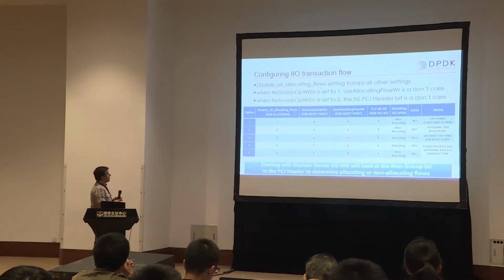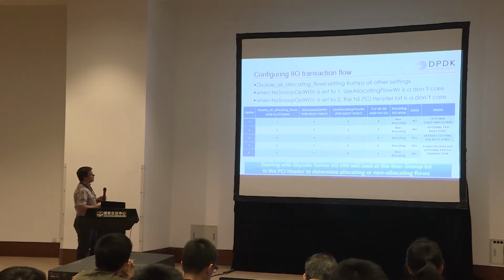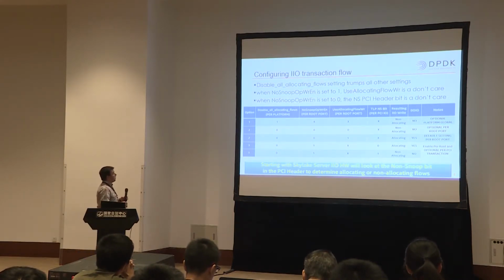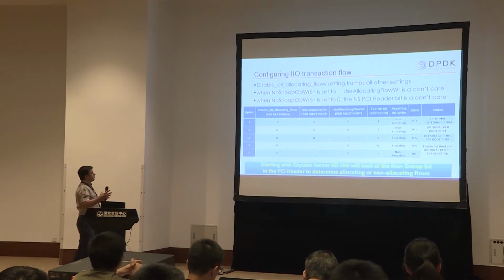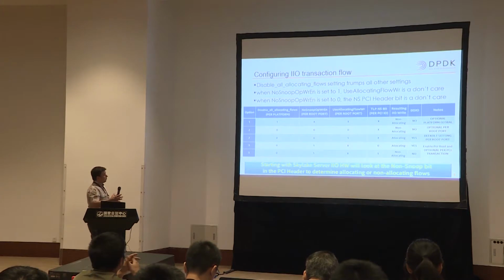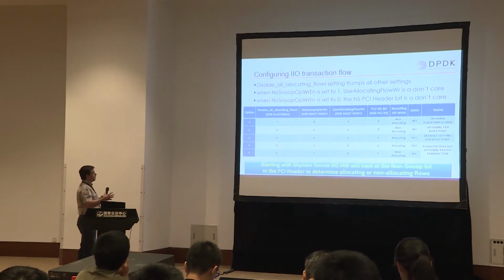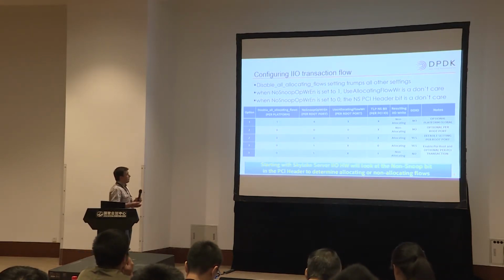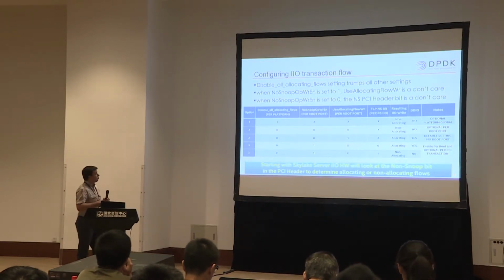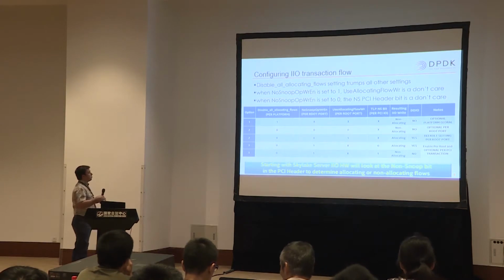So this is a table with options describing configuration modes for allocated and non-allocated flow. On a very high level, we can configure the platform from the platform-wide point of view as allocating or non-allocating. Another option is we can configure a particular root port and all devices behind that root port to stick to allocating or non-allocating flow.